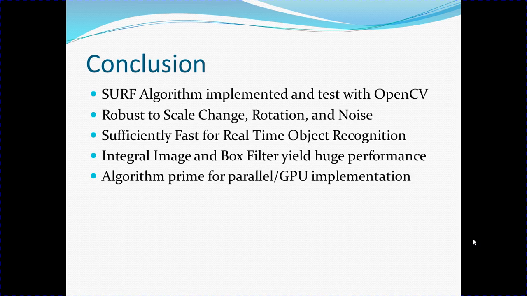So, in conclusion, the SURF algorithm was implemented and tested using the OpenCV library. The SURF algorithm is a computationally efficient and sufficiently fast algorithm for real-time object detection. The performance enhancement is obtained by approximating a series of computationally intensive tasks without major loss in accuracy and repeatability from the approximations.